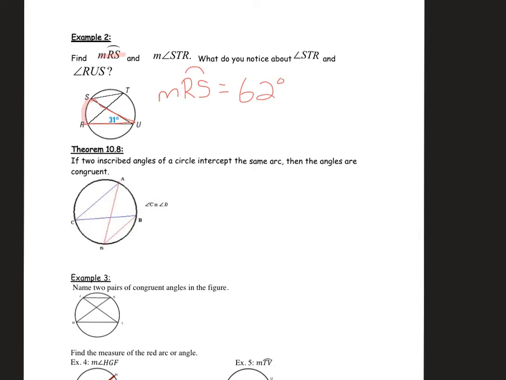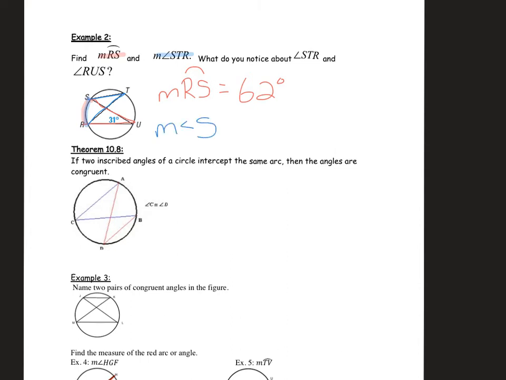The second thing they're asking us for is the measure of angle STR. If I outline that, it is here. We can see that the intercepted arc is RS, which is the same arc that we just found.